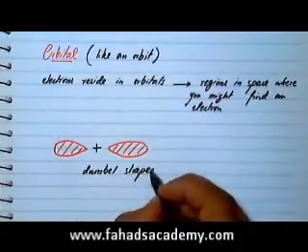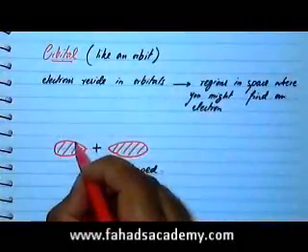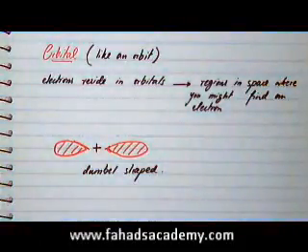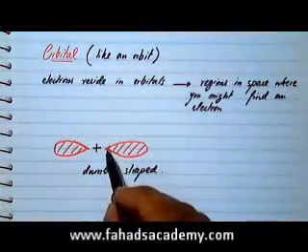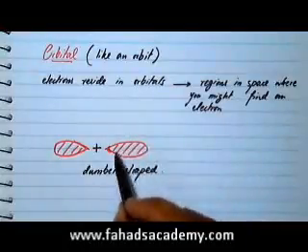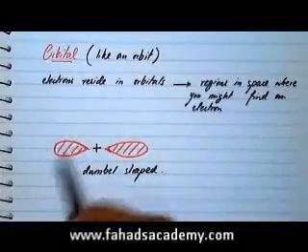I haven't drawn a very accurate, precise shape right now, so this looks like a dumbbell. There's a region around the right of the nucleus, and there's a region around the left of the nucleus.